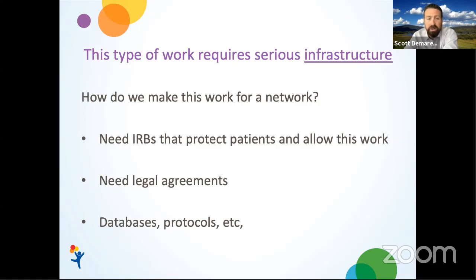We want you all to know what's happening with your data, what are the protections on that data, what won't happen with your data, and what you have a right to do as part of that. And that's the process of making sure there's a good IRB in place and that you provide consent that tells you all of those things. We need legal agreements about sharing of data, and we have to actually set up the databases and the protocols to collect this data.